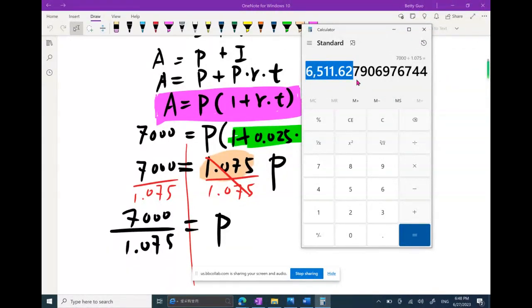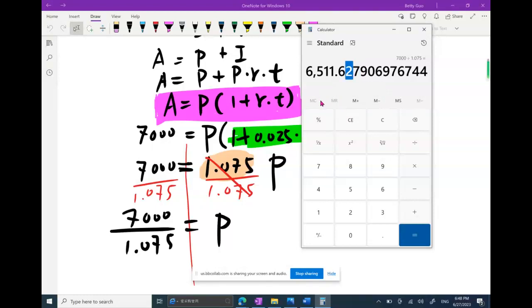We need to round it up anyway. Even if the digit here is 0, 1, 2, 3, or 4, following the normal rounding rule we're supposed to round it down. But if the instruction says round it up, you still have to round it up. So no matter what this value is, you always have to round it up.